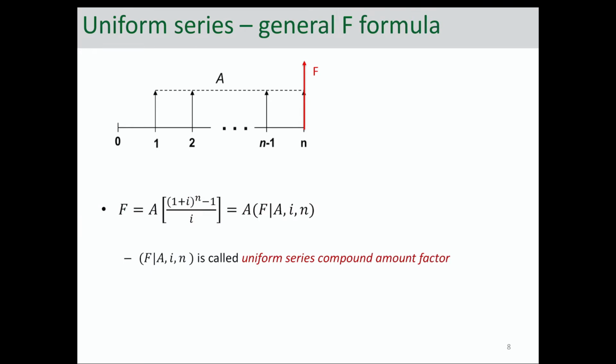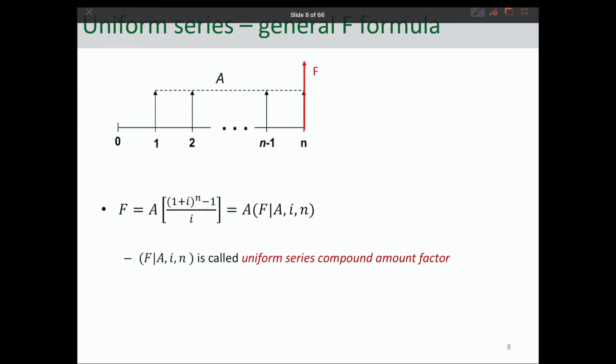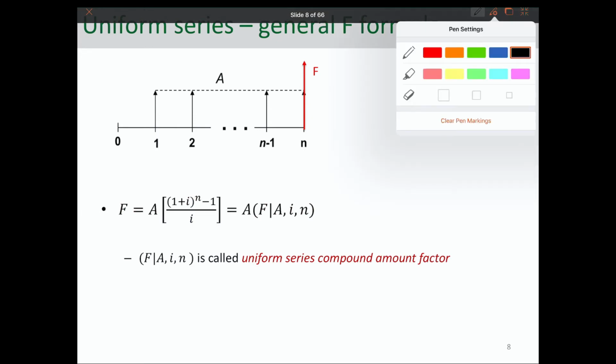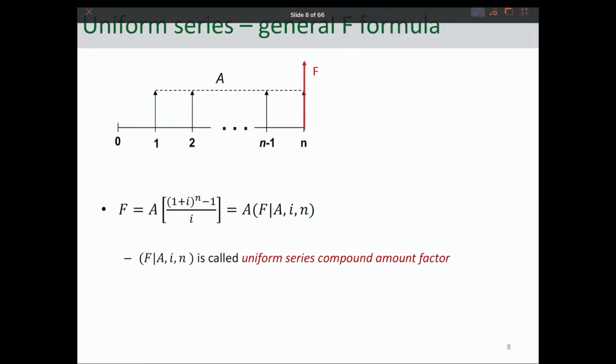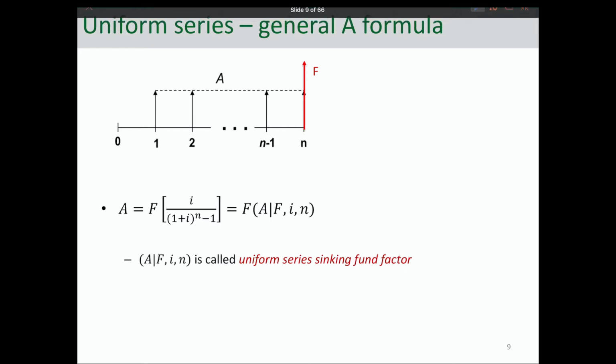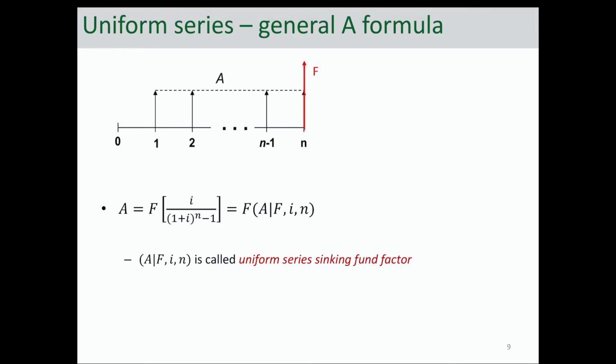And this is what we have here. You can see the formula and the factor that we computed in the previous slide, called uniform series compound factor. So what we can do here is to rearrange the same formula and compute A in terms of F. Now A is equal to F times this factor, A given F, and it's called uniform series sinking fund factor.